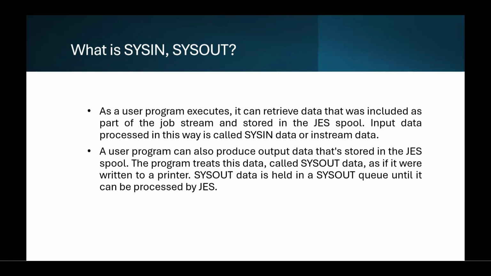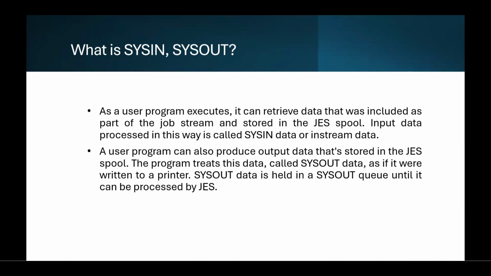The same example we have in SYSIN, the same philosophy is applied to SYSOUT. Whatever data we are getting from the program, for example, you are writing something on your report and that report will go to the printer for printing, all that kind of data that we are getting from the program is called SYSOUT data.